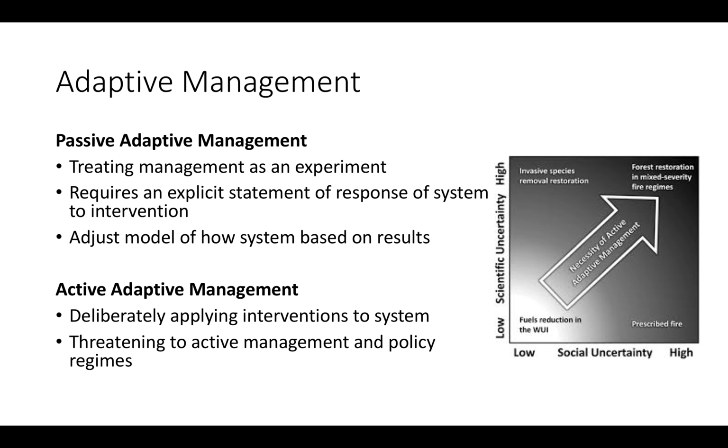In situations with low social uncertainty, so for example, where this figure comes from forestry, where there's a high value placed on timber, the social uncertainty is low, and we know what kind of management interventions are desired based on optimizing that forest resource.